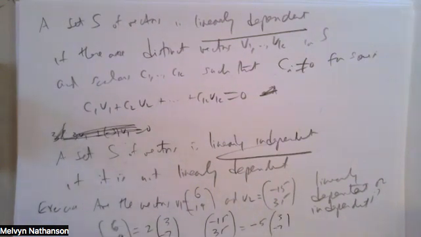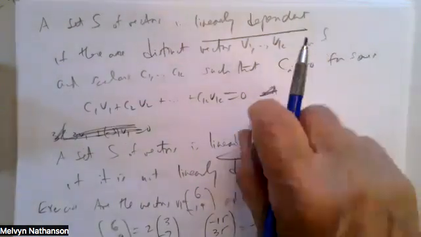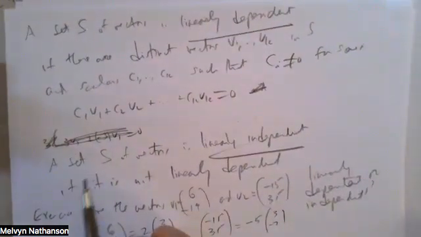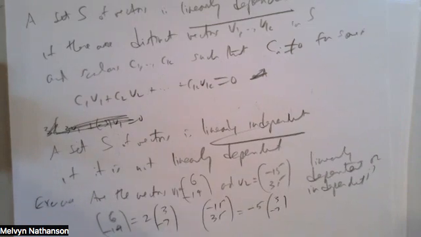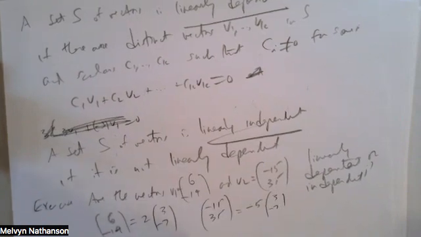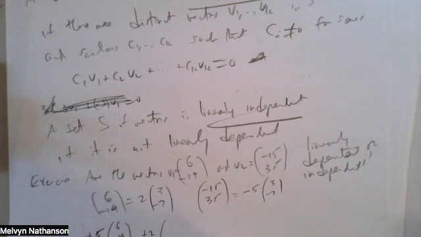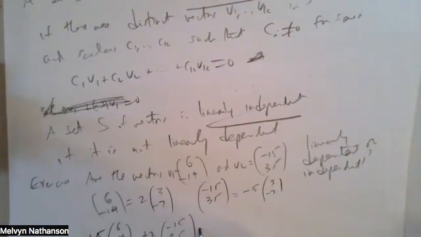So if I were to take 5 times the vector (6, -14), plus 2 times the vector (-15, 35).